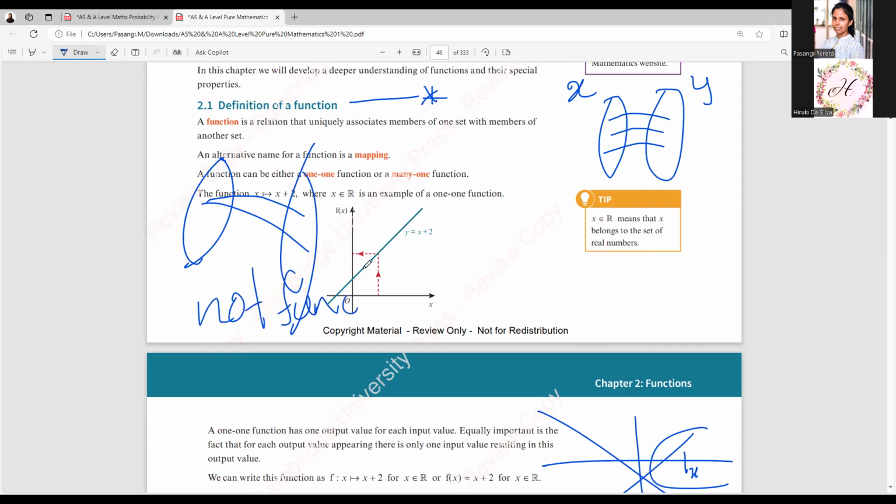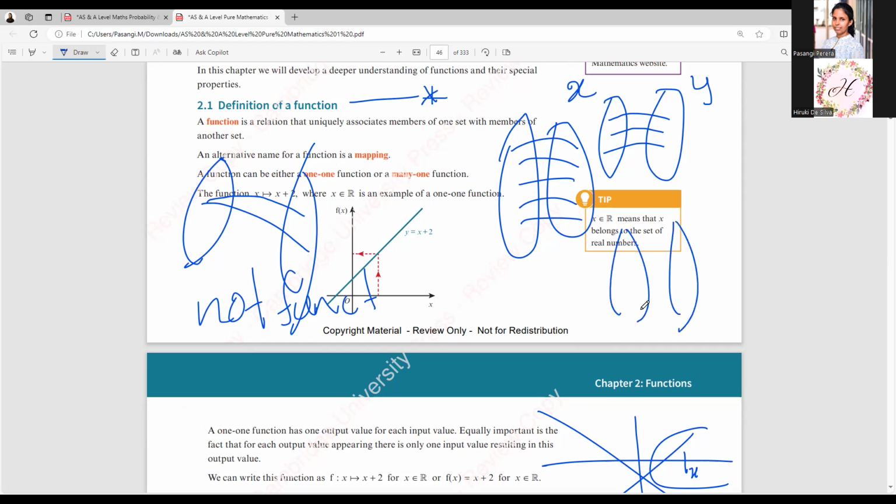For one to one, per input value we have only one unique output value. So if the mapping looks like this, we can say it's a one-to-one mapping. Many to one means for many x values, that means many input values, we might have only one output value.